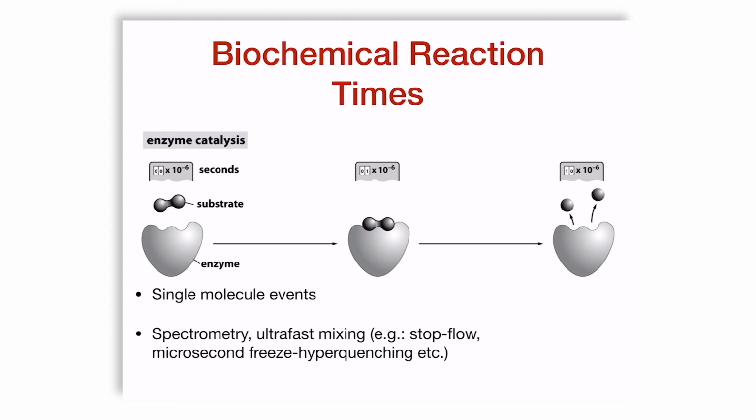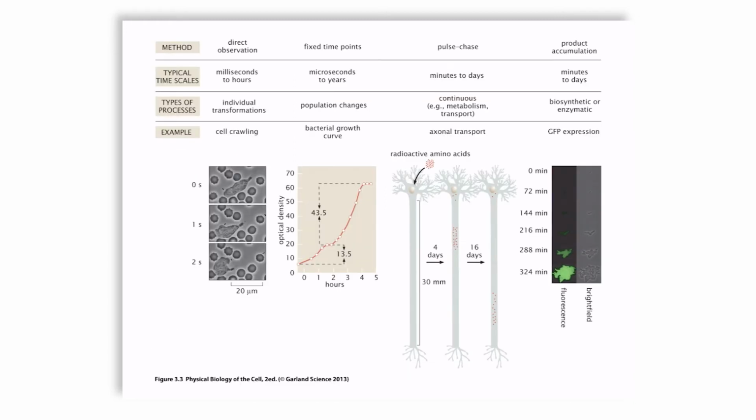Biochemical reaction timescales can be even faster, 10 to the power minus 6 seconds, and you need stopped-flow methods, microsecond freeze, hyperquenching, and other approaches. So to summarize, direct observation, fixed time point, pulse chase, and product accumulation are all methods to get timescales, but they depend on the scales that you're observing.